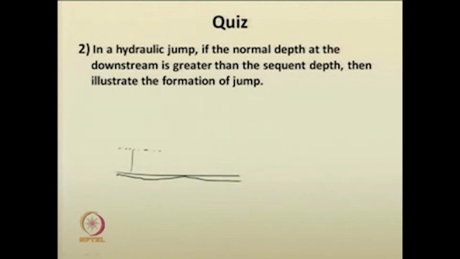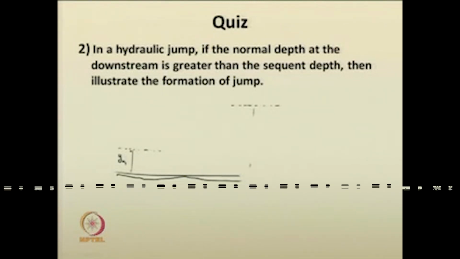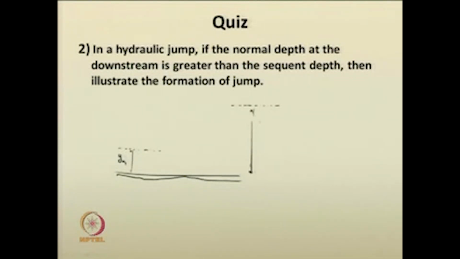Let the upstream section have the supercritical flow with yn1 as the normal depth. Let the downstream section have the normal depth yn2 in subcritical conditions.